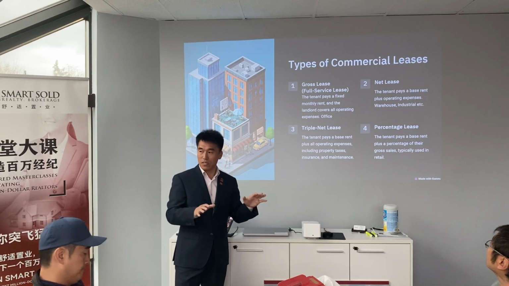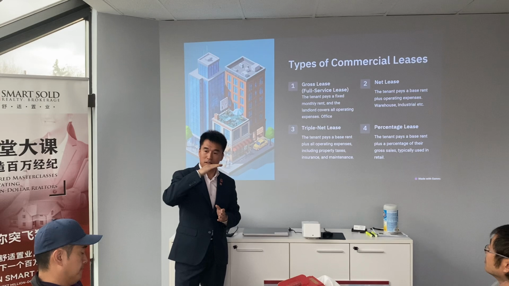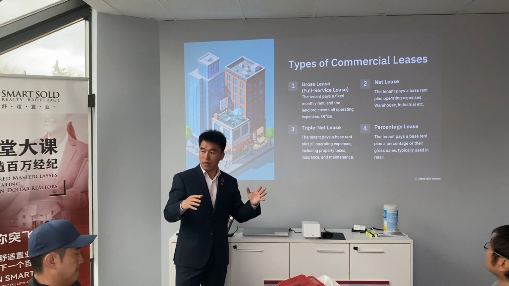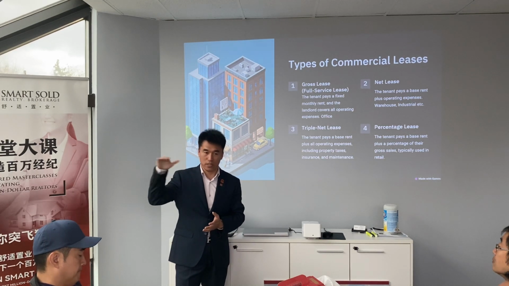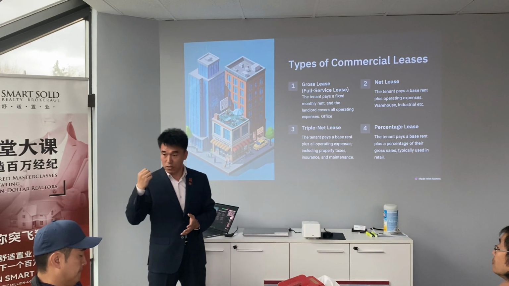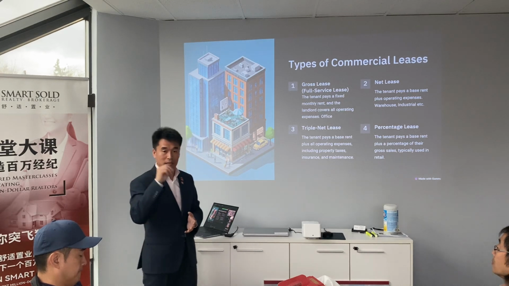To simplify, percentage lease means they pay a standard rental, but if their business income or volume goes beyond a certain threshold, then they need to pay more based on the tenant's business income. They have a percentage.